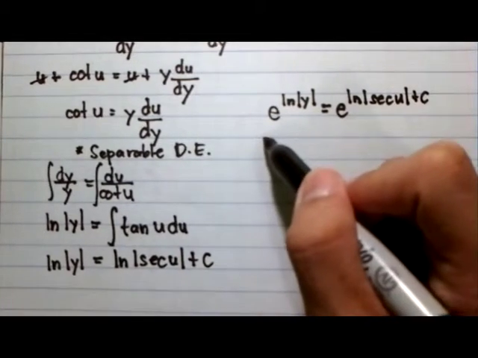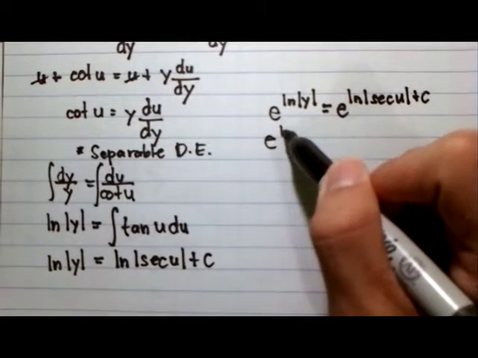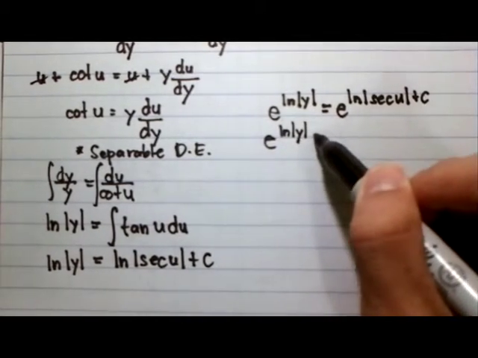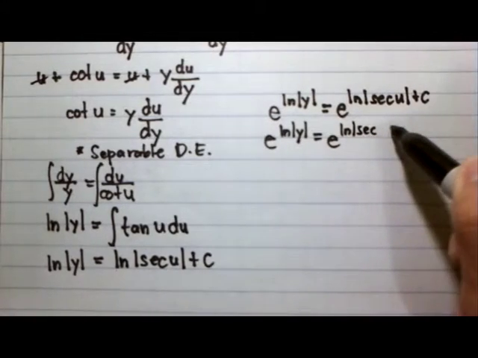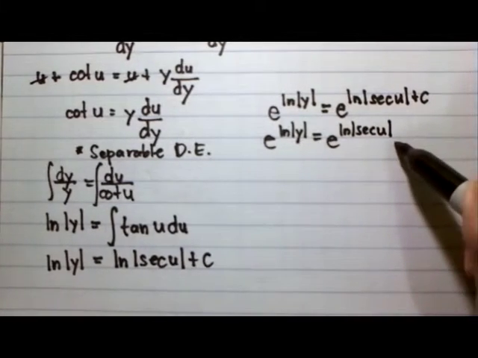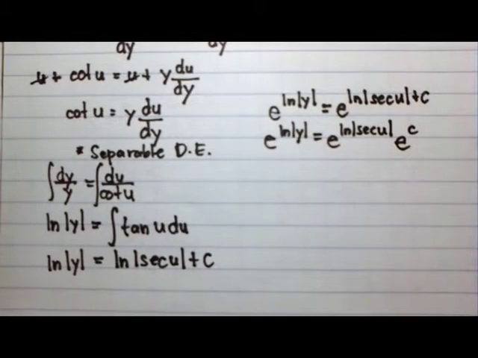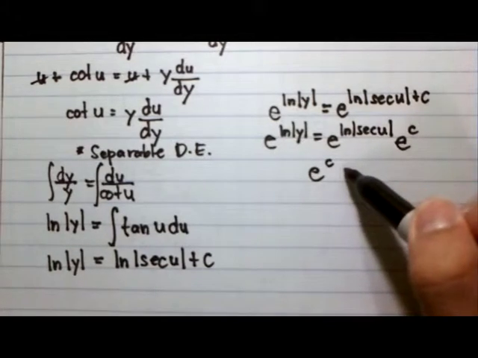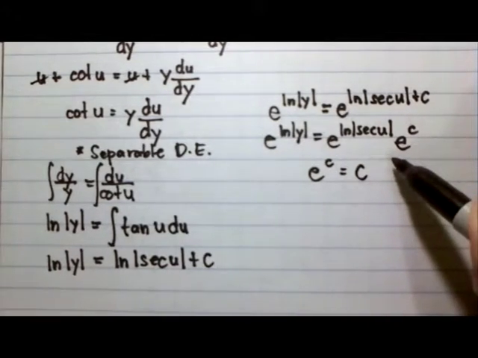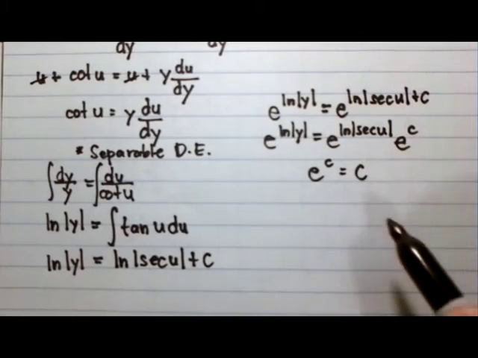This is also equal to e to the power of ln y equals e to the power of ln secant u multiplied by e to the c. Since c is an arbitrary constant, we can make e to the c as a whole equal to some arbitrary constant.